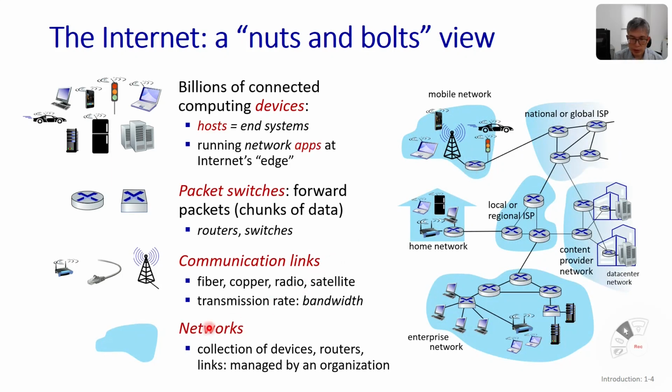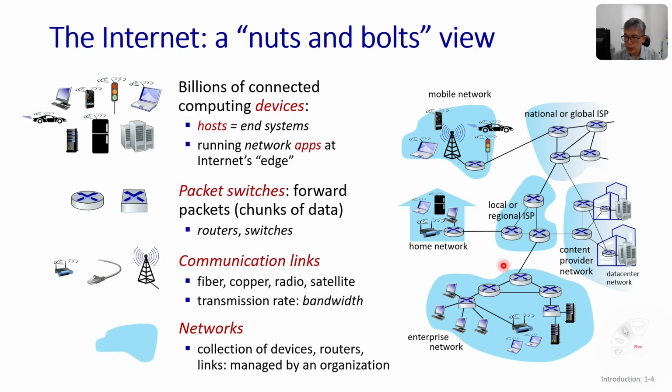As you can see, the network is a collection of devices, routers, and links. Those are managed by an organization such as SKKU. On the right-hand side we have a figure representing networks: a mobile network like 4G LTE or 5G, a home network using Wi-Fi and a wireless access point, and also an enterprise network, a campus network like the SKKU network.